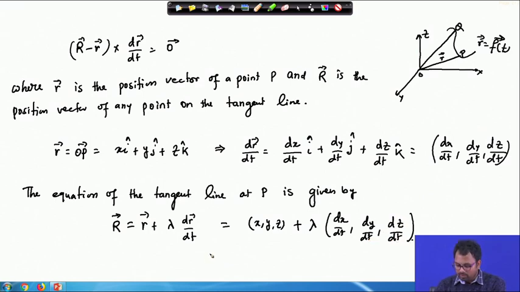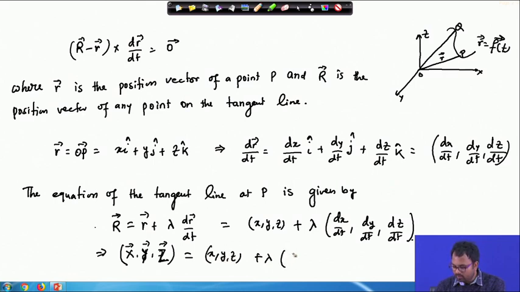So from here I can write capital R as capital X, capital Y, and capital Z, all right, equals small x, y, z plus lambda times dx dt, dy dt and dz dt.